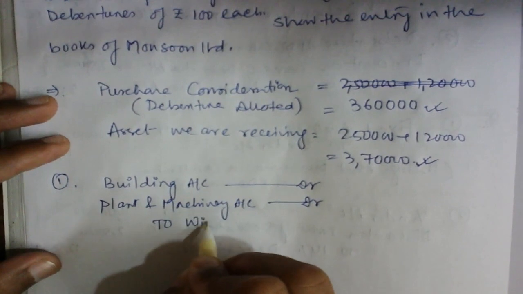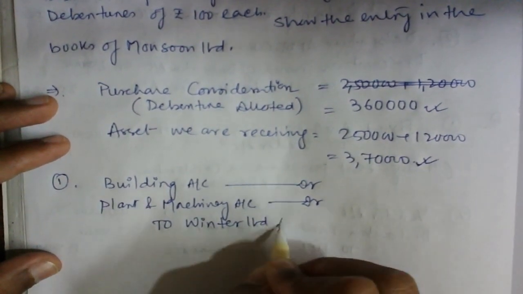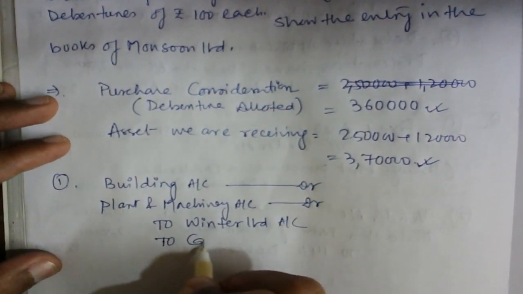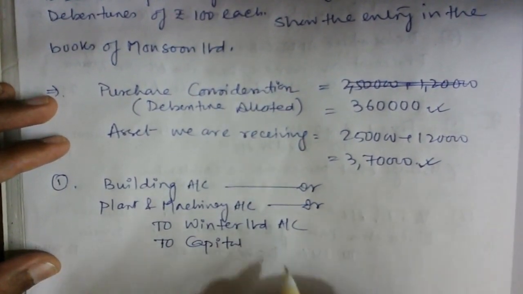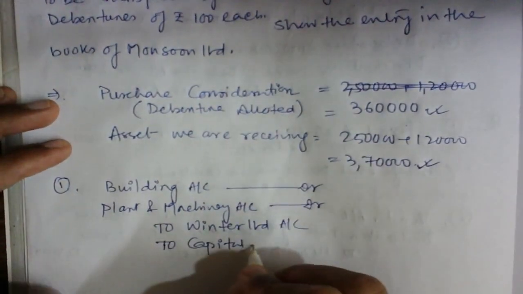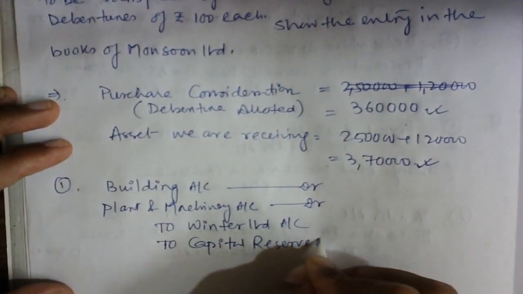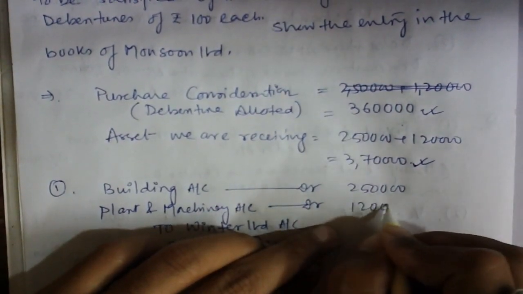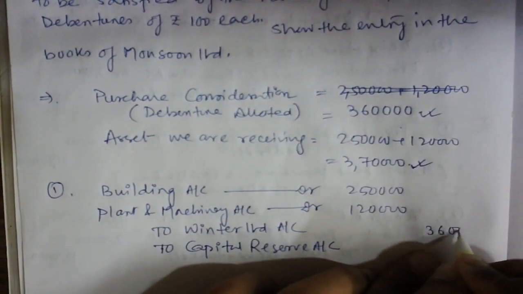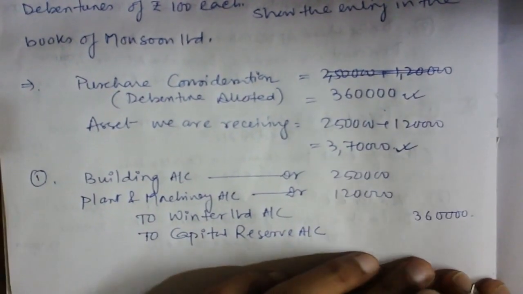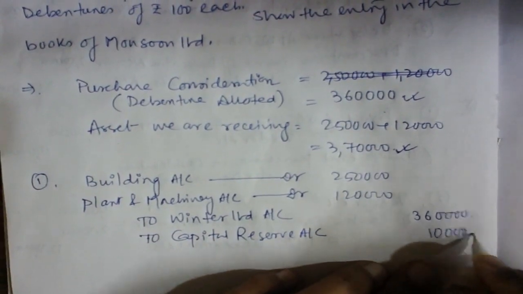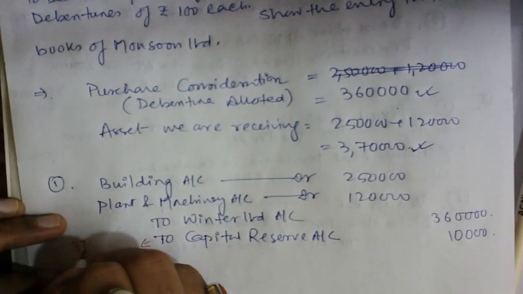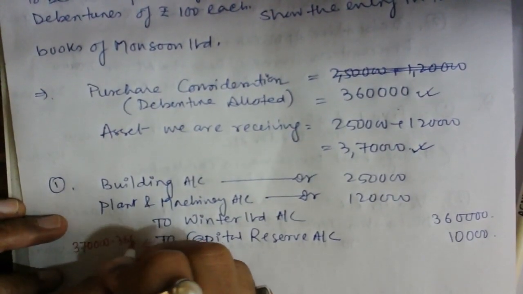Vendor is Winter Limited, and see, we are receiving 10,000 more asset than we are paying them 3,60,000. So the extra amount is a capital reserve. So here 2,50,000, here 1,20,000, make it 3,60,000 because only Winter is receiving 3,60,000 from me. So the 10,000 is a capital profit. You can write here 3,70,000 minus 3,60,000.